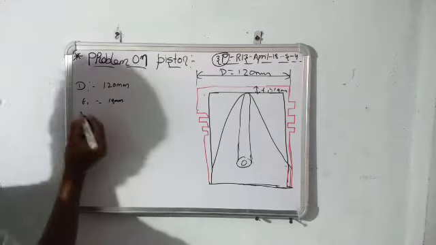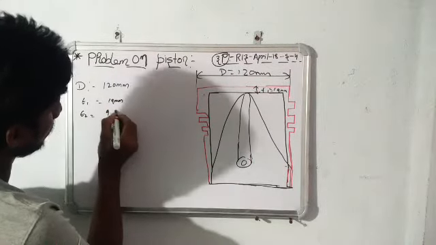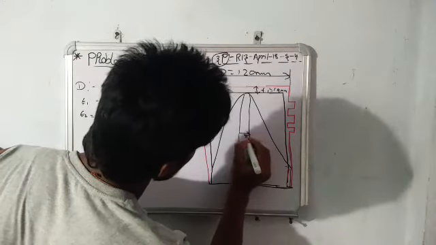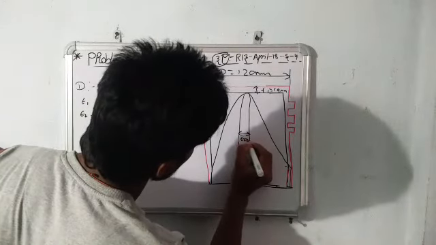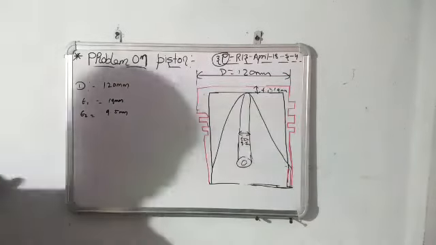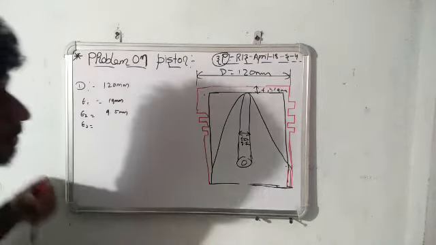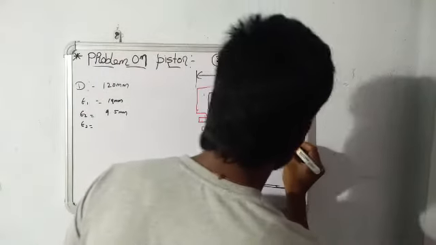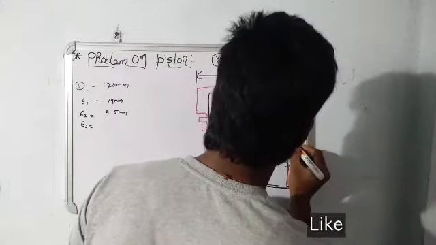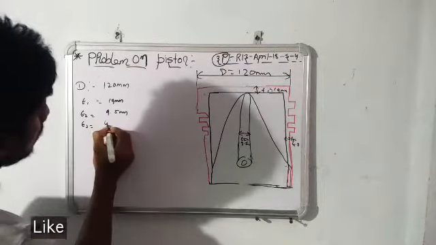After that, we found the thickness of ribs, T2 equal to 9.5 mm. Next, T3 is the radial thickness of the piston rings, that is 4.2 mm.